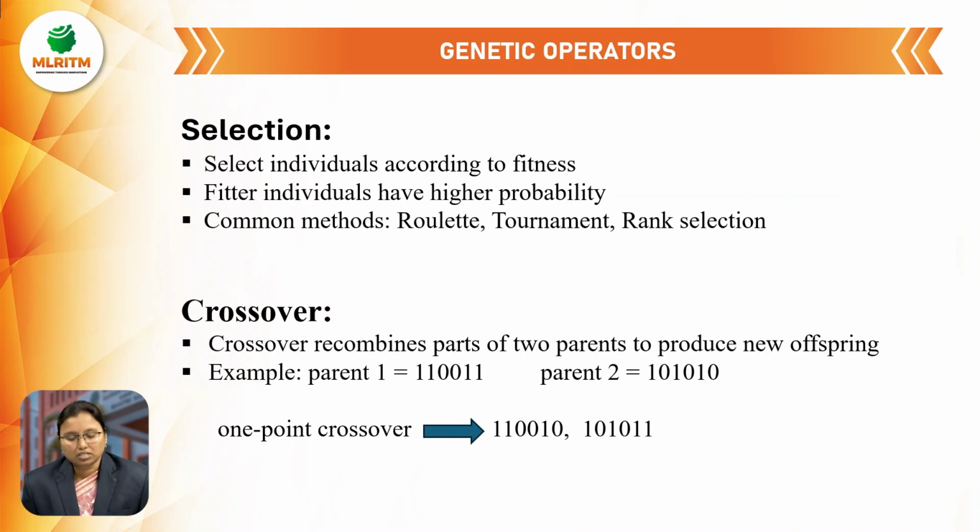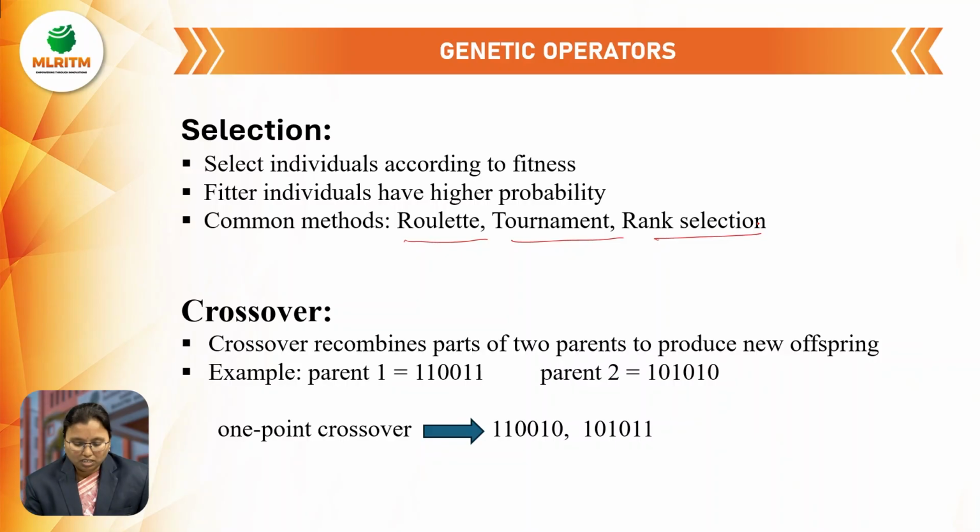The first one is selection. Selection means selecting individuals according to fitness. A fitter individual has a higher probability of being selected. Some common methods we use are roulette wheel, tournament, and rank selection.